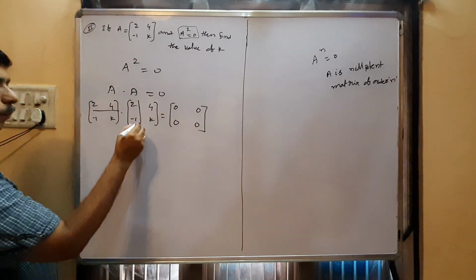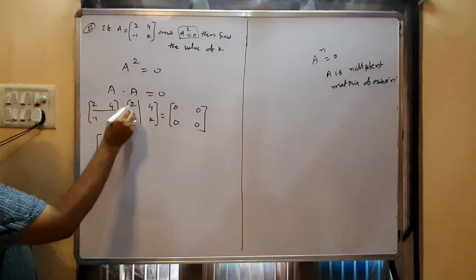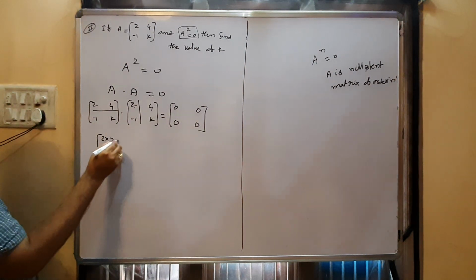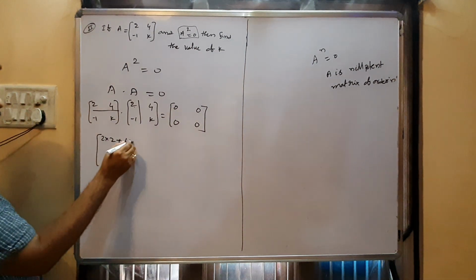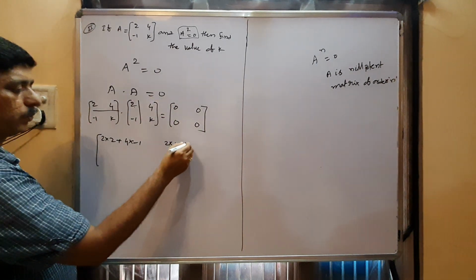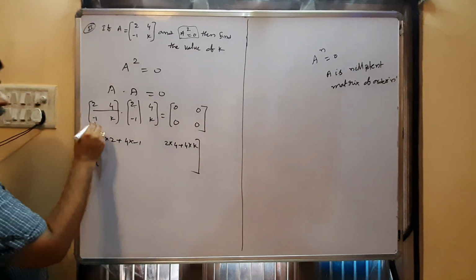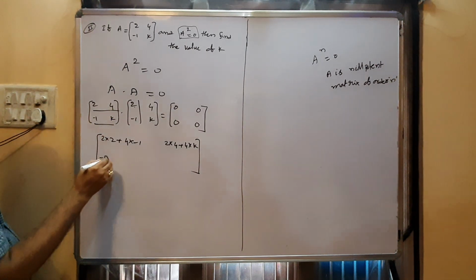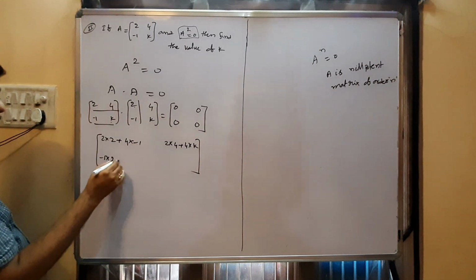Now row into column. 2 into 2 plus 4 into minus 1. First row into second column: 2 into 4 plus 4 into K. Second row into first column: minus 1 into 2 plus K into minus 1.